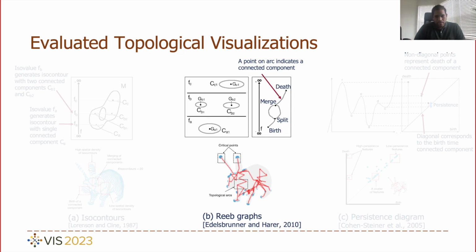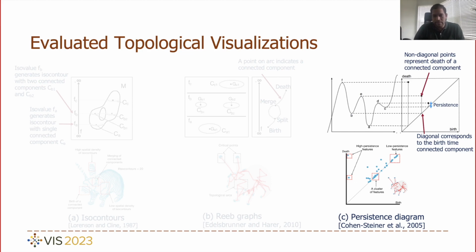Now, reeb graphs visualize topological skeleton of a scalar field, which is depicted with topological arcs and critical points. Specifically, it depicts evolution of isocontours as we increase the function value, which includes various events such as appearance, splitting, merging, and disappearance of isocontours.